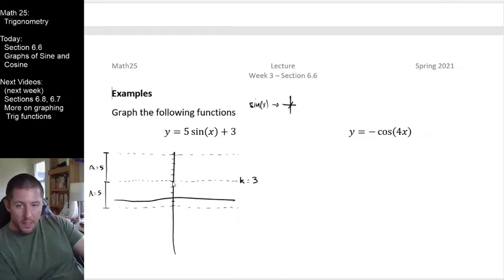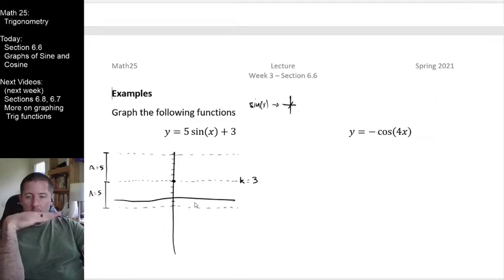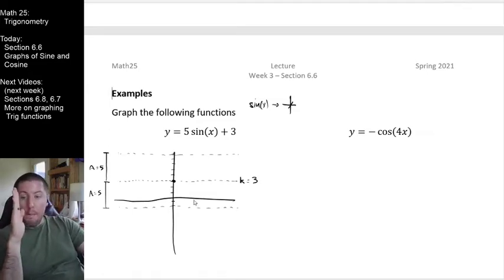And so I know that this guy is going to, when we plug in 0, sine of 0 is 0, 0 times 5 is 0, but plus 3 gives me 3, so I'm at a height of 3. I know that this thing has not had its period adjusted at all right there. So sine of 0 is 0. Pi halves gives me our maximum.